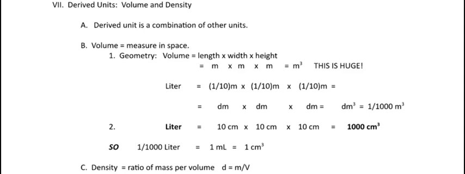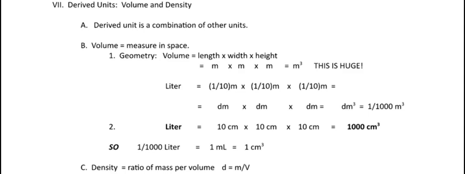The problem with the metric is, if I take the base unit of length, which is a meter, close to a yard, and I made a cube out of a yard, that's a really big cube, isn't it? Well, a cubic meter is also pretty big. So a cubic meter is not very handy. You're not going to go to the grocery store and buy a cubic meter of pop or something. You couldn't carry it or stick it in your car for most of you, okay? So this is too big.